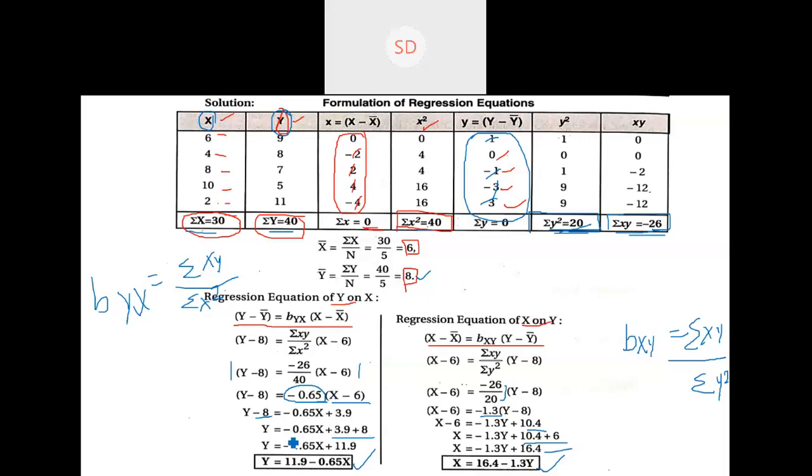So this is our first question of just forming the regression equations by using the given data. So that is your first problem. Any doubts in the first problem?